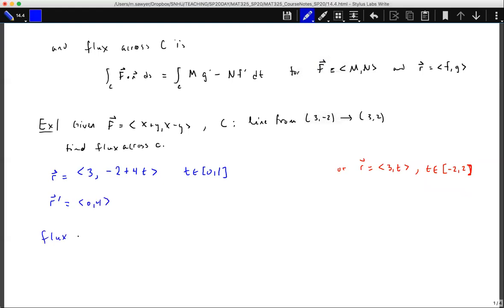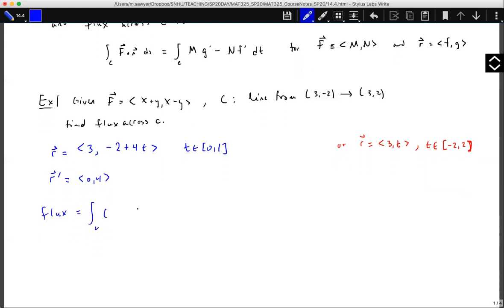Our flux along C is equal, in the form M g prime minus N f prime, to: our M component is x plus y, our g prime component is 4, minus our N component x minus y, times our f prime, which is 0, dt.